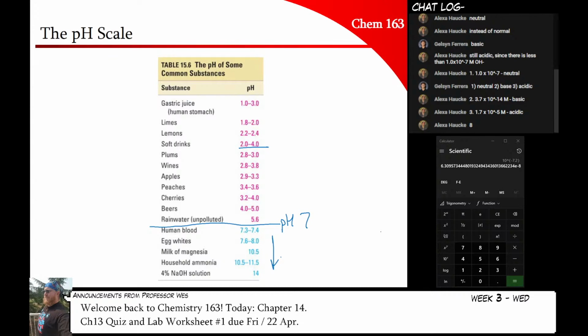For instance, milk of magnesia, which is used as a sort of neutralization for stomach acid so that you can recover from a stomach ache or something like that, is pH 10.5. Much further beyond that, though, you get into the dangerous territory. For instance, oven cleaner and lye and stuff like that are pH 14. These are things that will dissolve your flesh, not generally desirable.